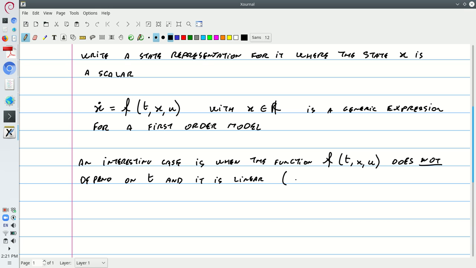In this case we say that it is a linear time independent or time invariant system.